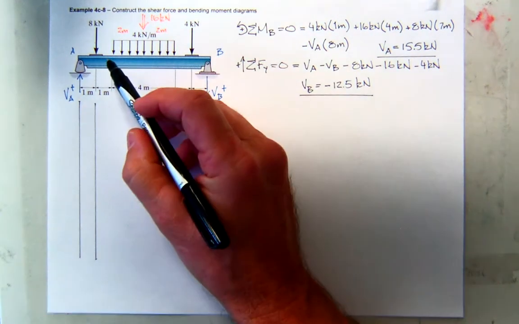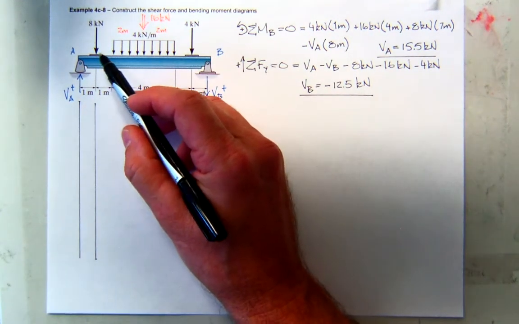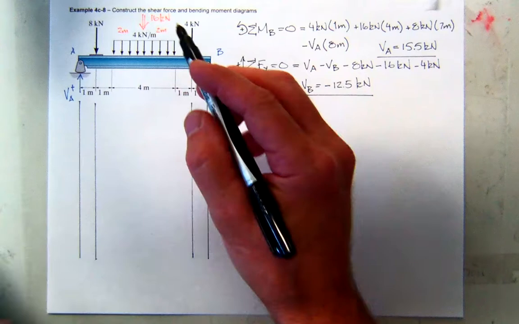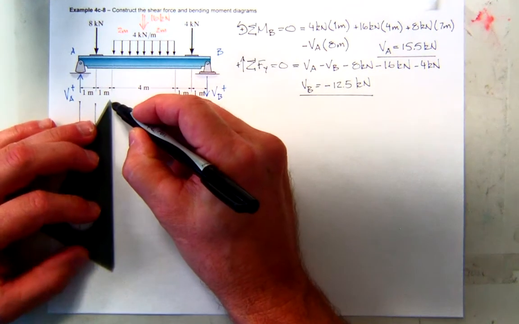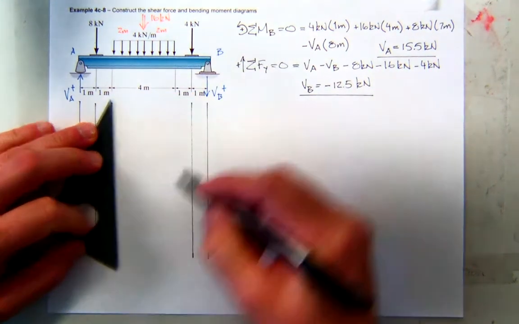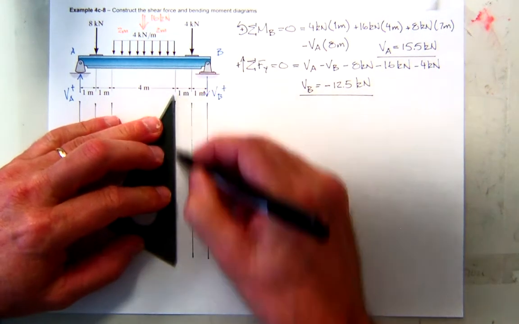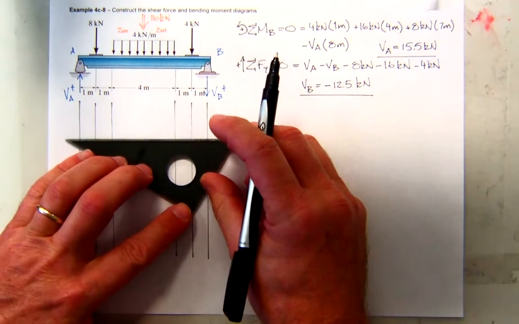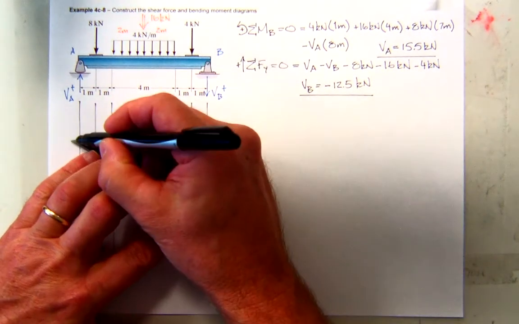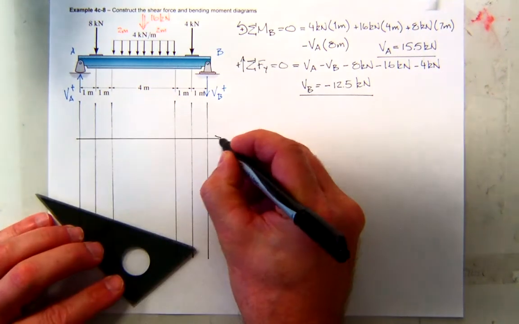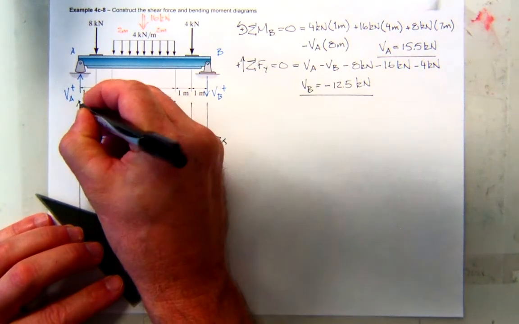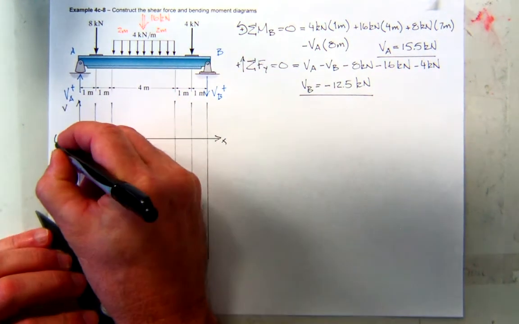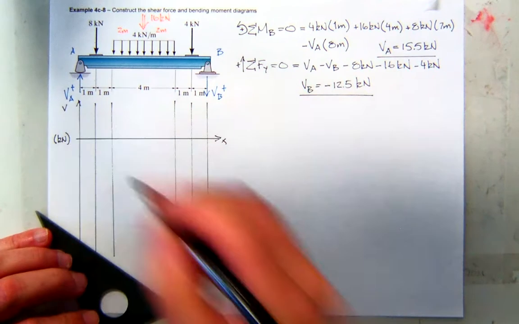And then also I've got another change in load. I'm coming here at 0, and then I get this abrupt change. So I want to look at that interface too. So I've got all these same divisions that we talked about earlier. That'll help keep things in line. And then we'll have our positive x, and there's our positive shear, and all of our values will be kilonewtons.